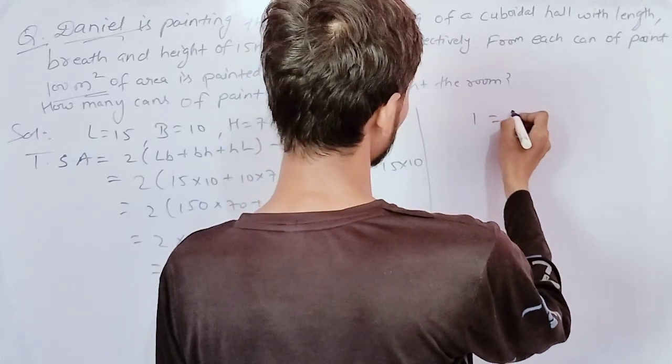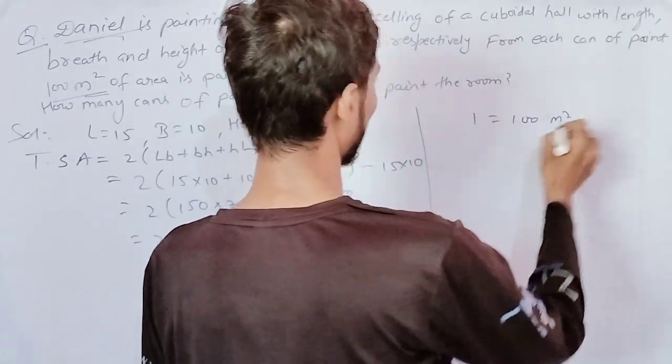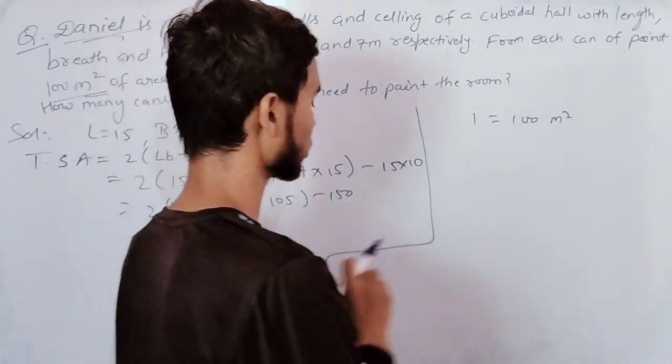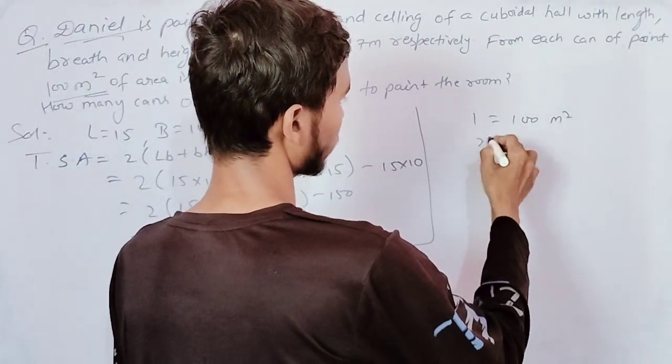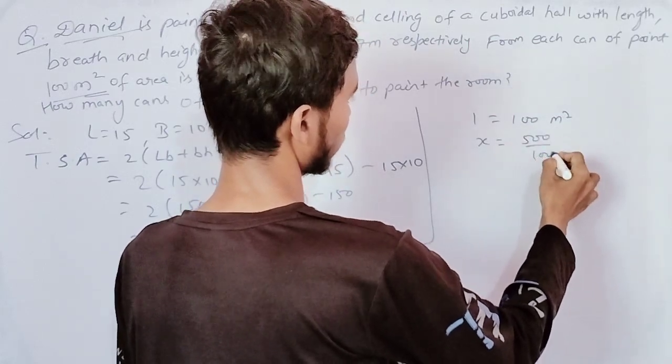If one can takes 100 meter square, I have how much? 5. So 500 upon 100.